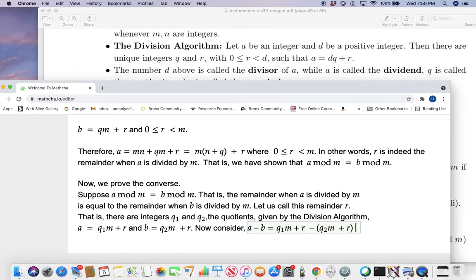All right. So notice, what does this say? This subtraction is for the entirety of B. That's why I needed parentheses.